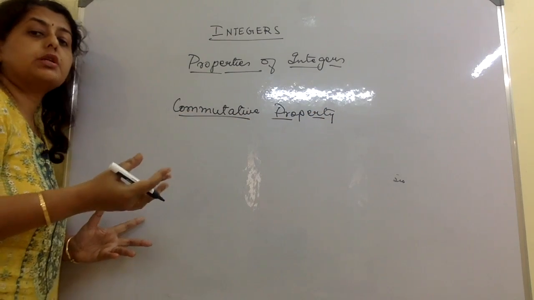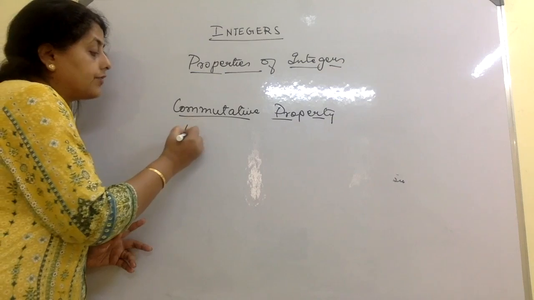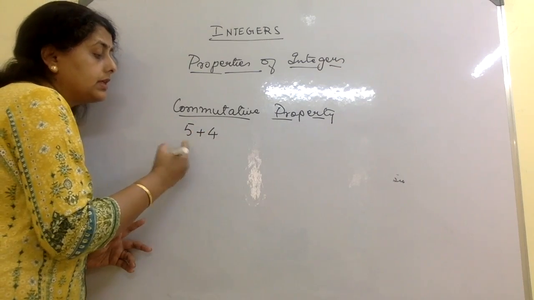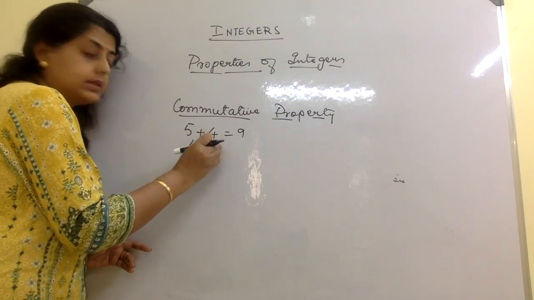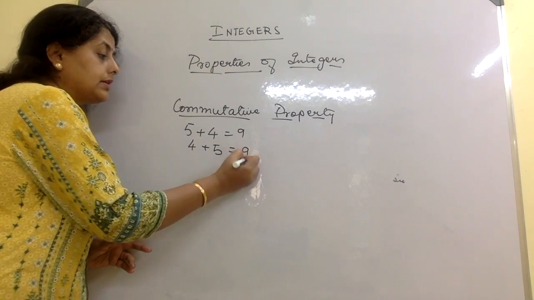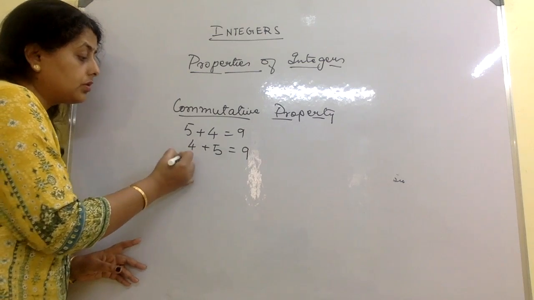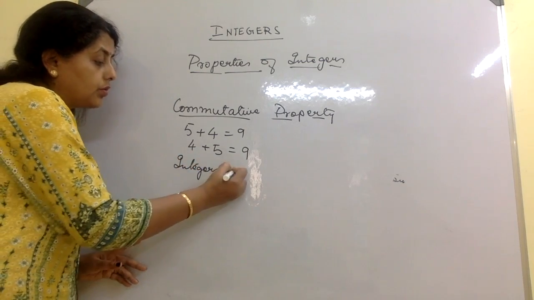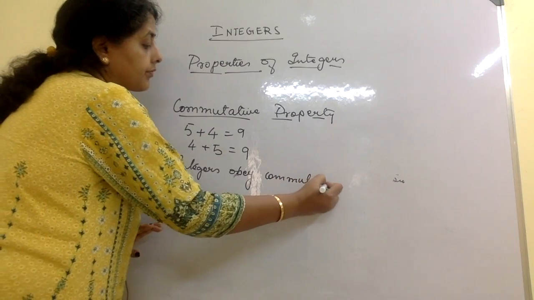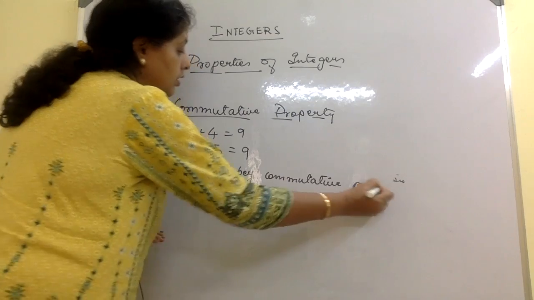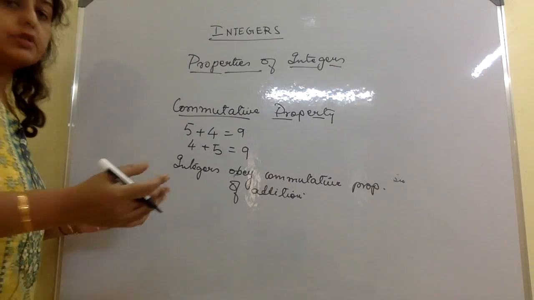It says that if I have 5 plus 4, that is 9, and then 4 plus 5, that is also 9, then integers obey the commutative property of addition.